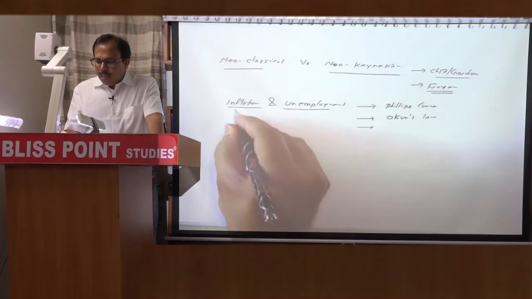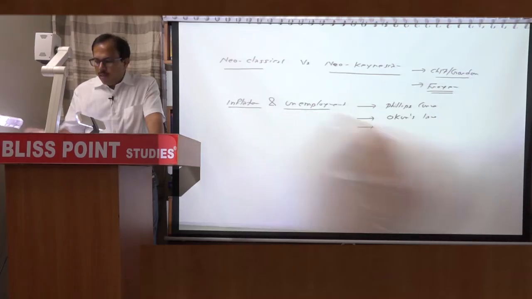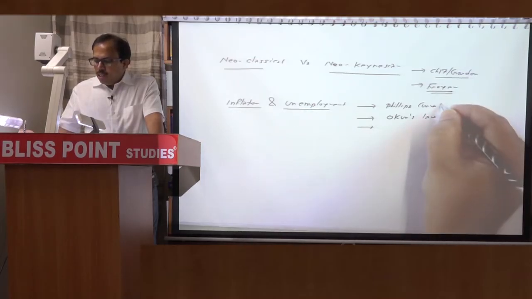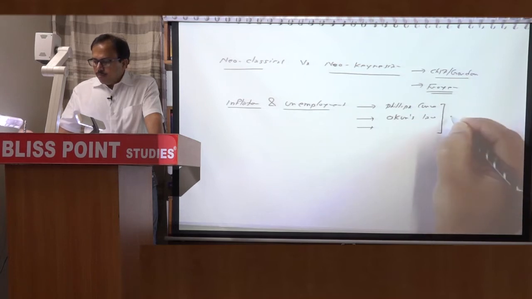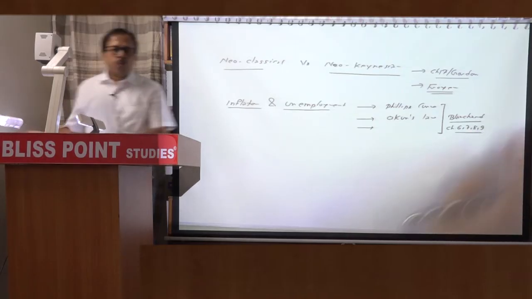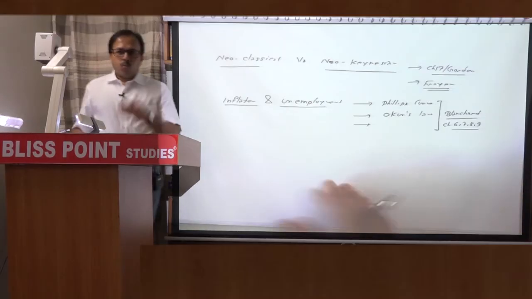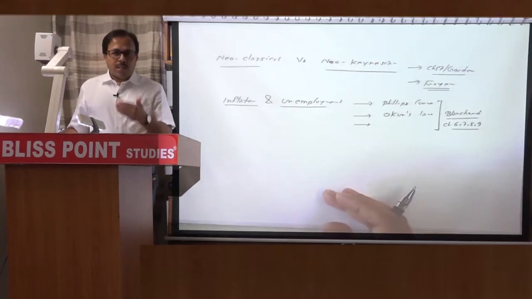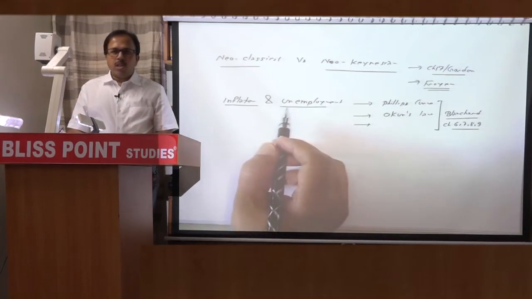So concepts related to inflation and unemployment. For this section, you should prefer Blanchard, and it is chapter number 6, 7, 8 and 9. Again, these 4 chapters are included in your study material. So one section from which you are expecting questions will be inflation and unemployment.